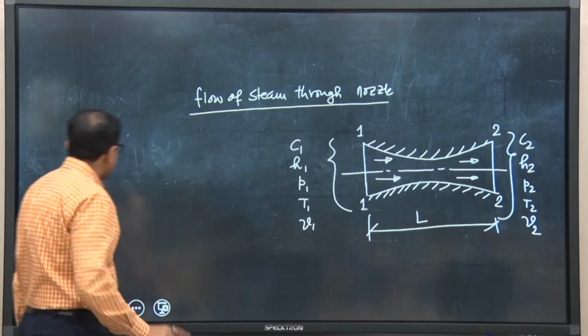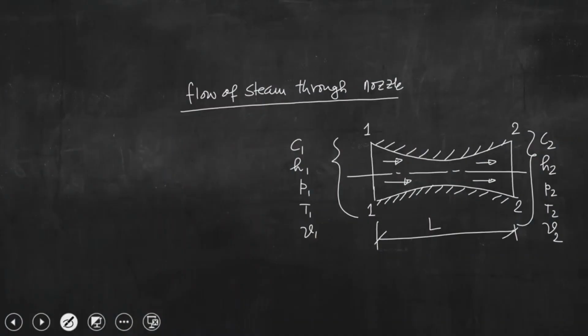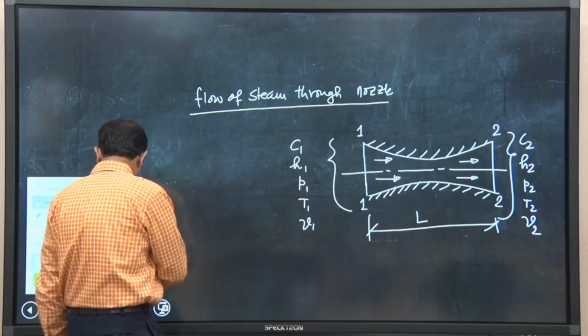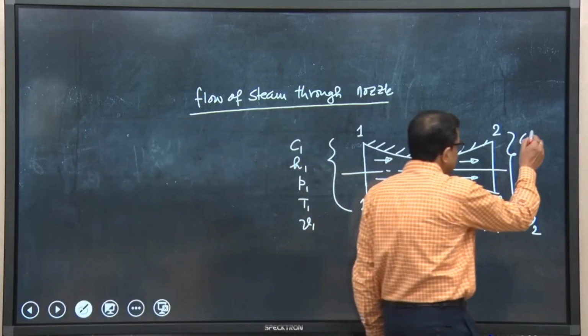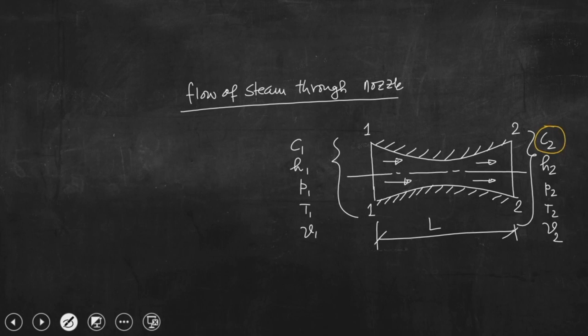So the objective is that the velocity of steam leaving the nozzle should be high, so that the kinetic energy will be higher. The higher the kinetic energy, the higher the momentum transported to the shaft of the runner, and that eventually produces a higher work output from the turbine.